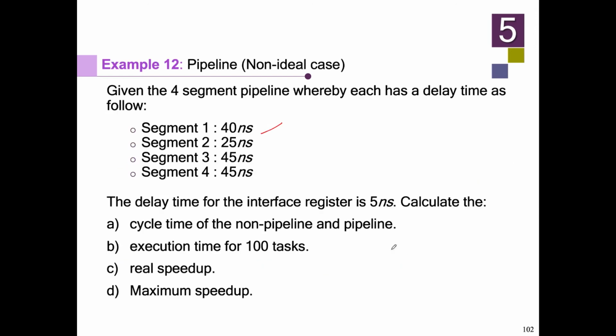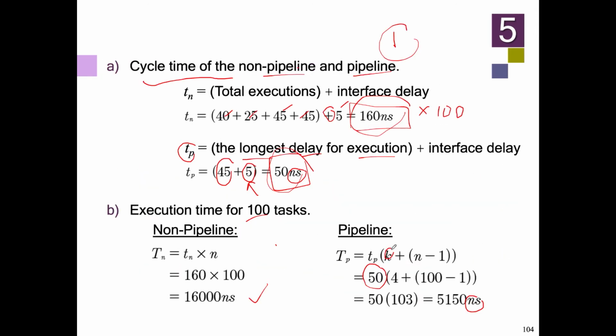So there are 4 of them. So you're going to put in the 4 because you have 4 segments, plus 100. What is 100? This is the execution time for 100 tasks, minus 1. Later on you will get the value of TP.